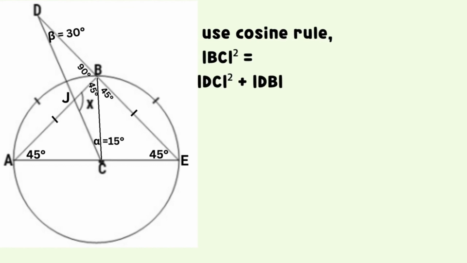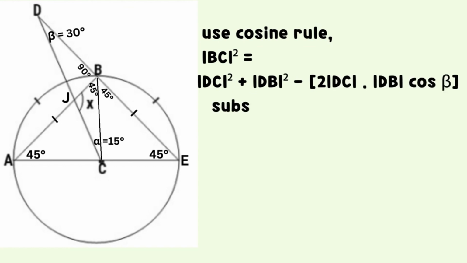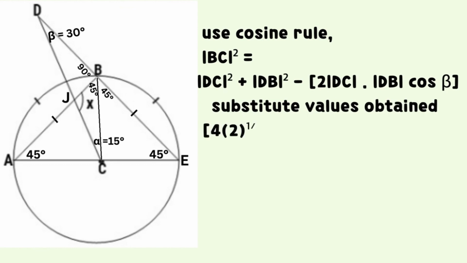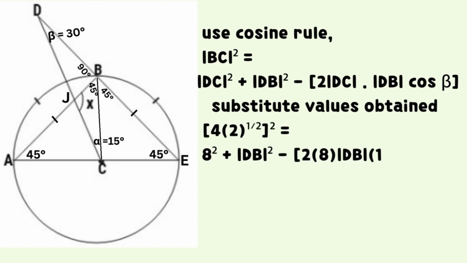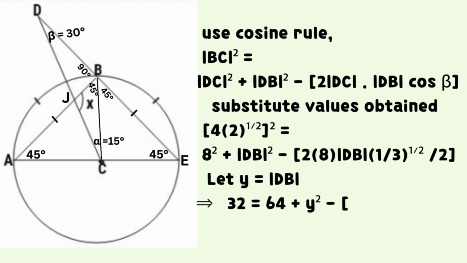Use cosine rule as shown and substitute values. We have that the square of the product of 4 and the square root of 2 equals the sum of the square of 8 and the square of line D, B, minus the product of 2 and line D, B times 8 times the square root of 3 divided by 2.